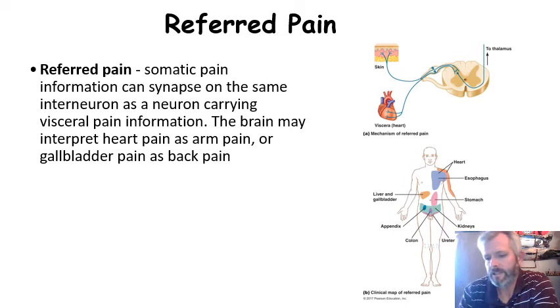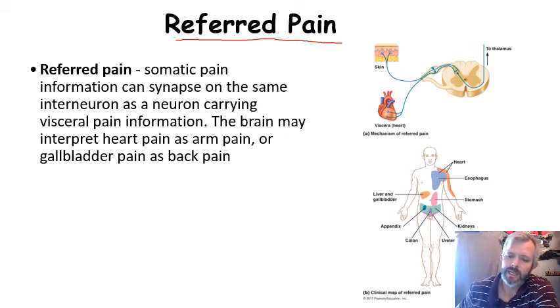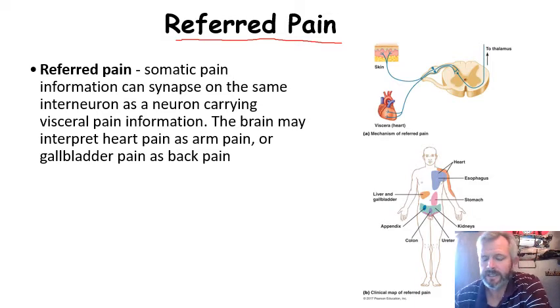Because these pathways are multi-neuron, we can get what's called referred pain. We may feel pain in certain regions around the body, and it may be due to some sort of organ.